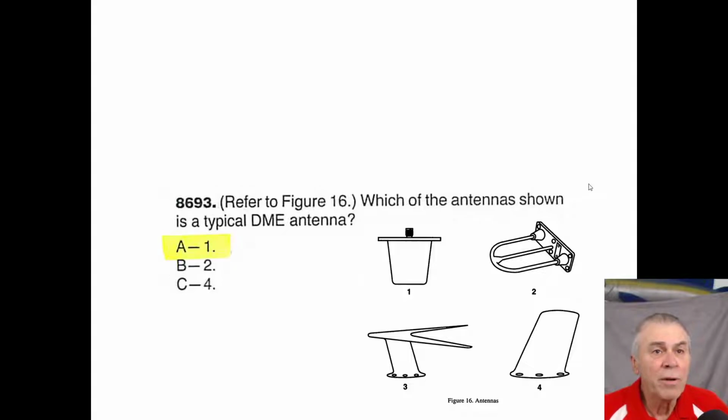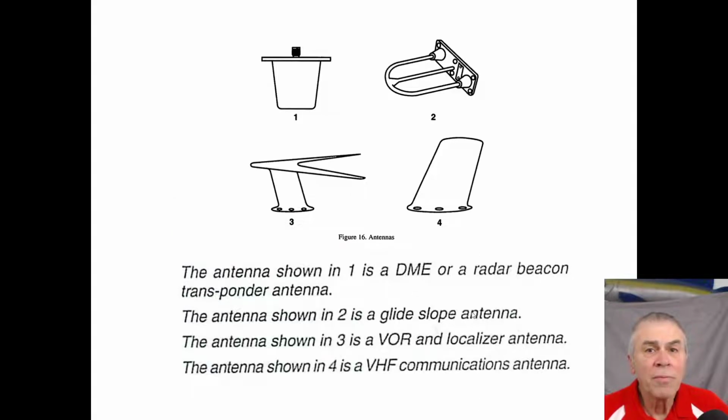Let's see how we're doing. It is number one. Do we get the answer for all? Yes. Number one is DME, or it's also used as a radar beacon transponder. You're communicating to ATC, so you certainly want one on the bottom, and it looks very similar to that, so it could be the one right next to it.